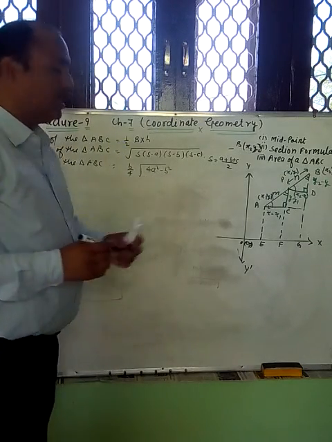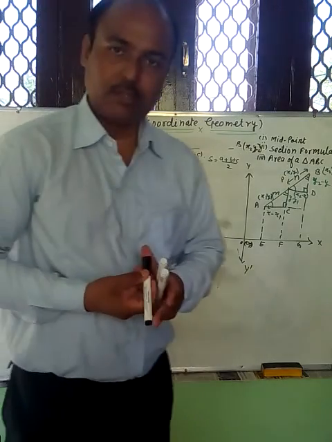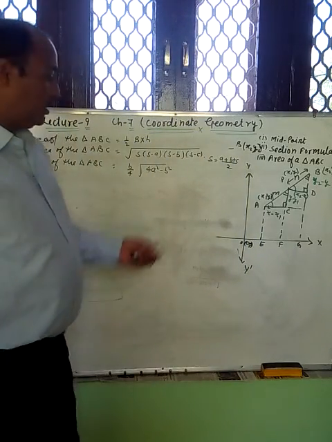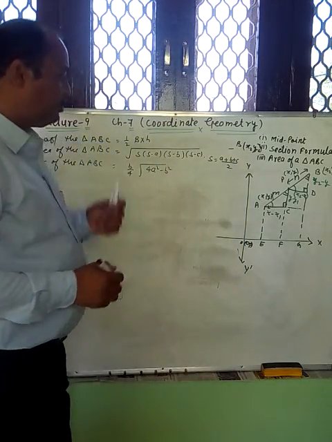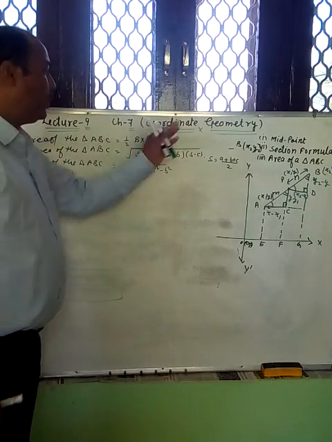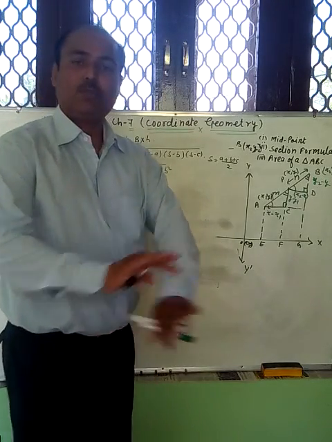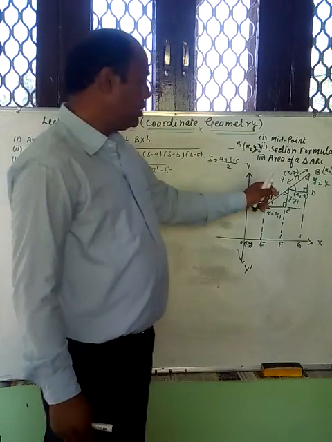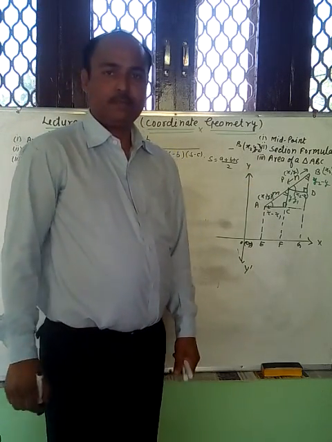We already discussed these formulas in previous classes. But today's problem is this one. In coordinate geometry, no side is given; coordinates are given.